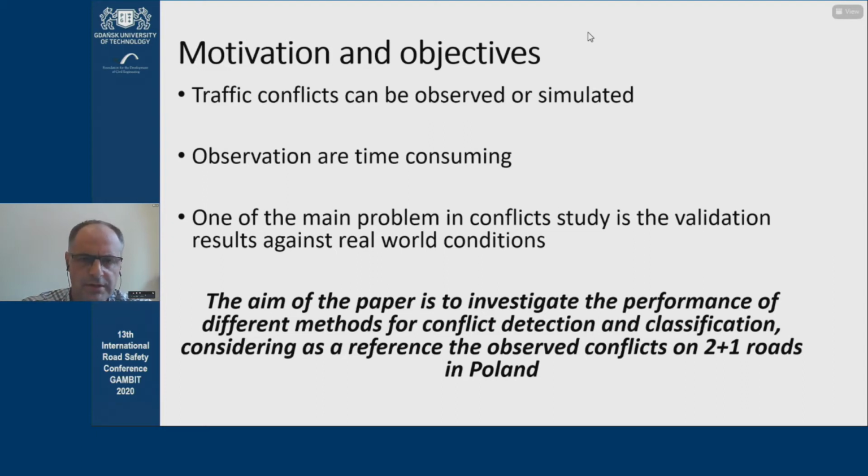Well, observation is time-consuming, as we all know, when it comes to real traffic conflicts. So simulation came in very handy, because that way we were able to translate real conflicts into simulated conflicts, whether it's just simulation or driving simulations.